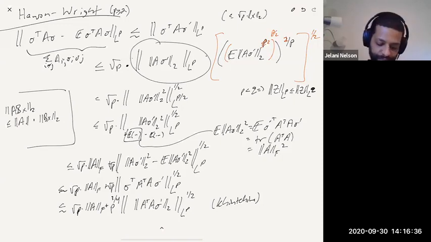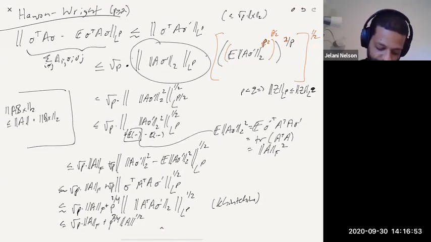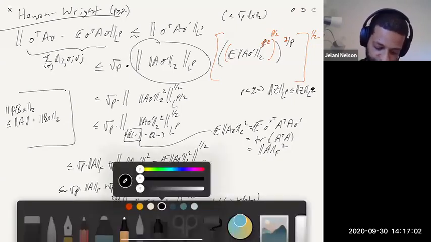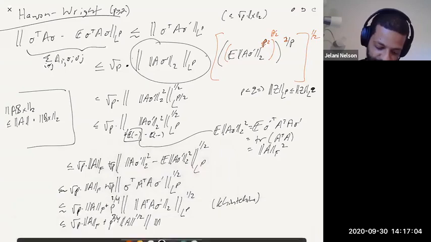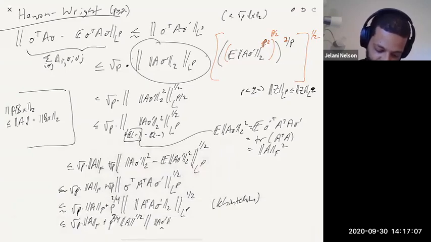So then this is at most root P times the Frobenius norm of A plus P to the 3/4 operator norm of A to the 1/2 times A sigma prime L2 norm LP to the 1/2.